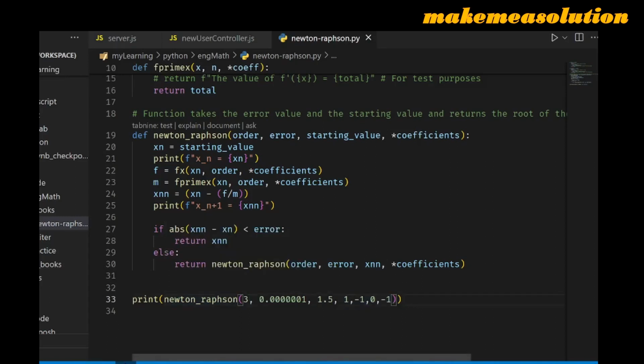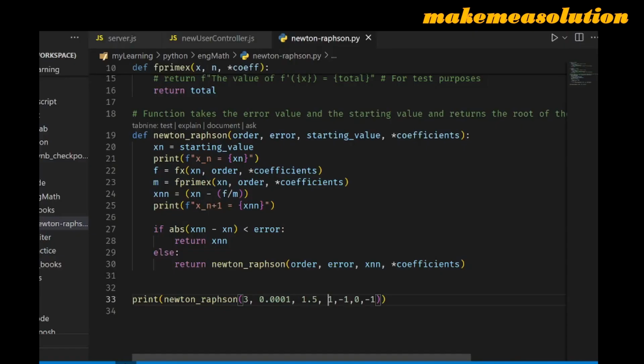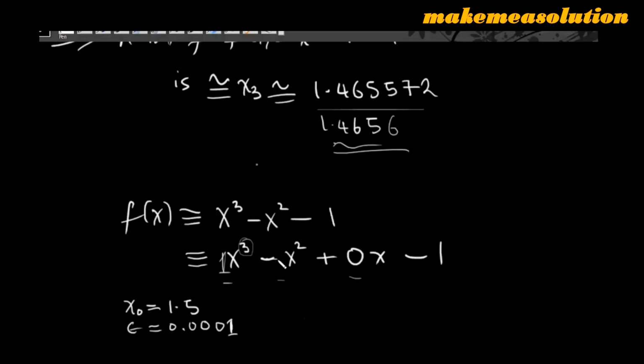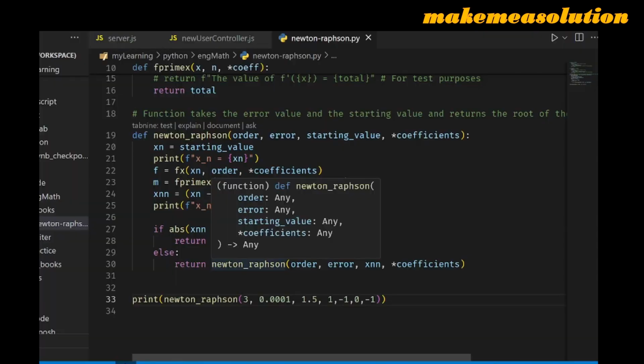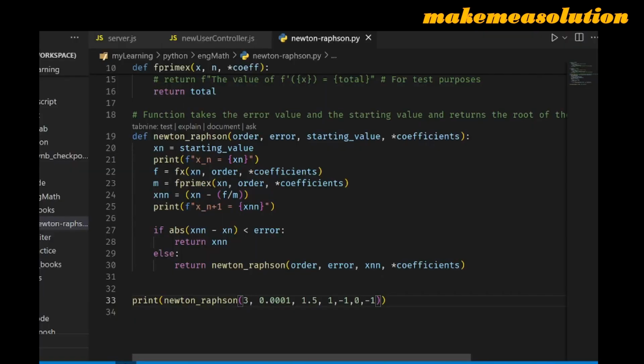So the polynomial is of degree 3. The epsilon value is 0.0001. The start value is 1.5. Then the first coefficient is 1. Okay, that's the coefficient of x cubed. Then this minus 1 is the coefficient of minus what? So of x squared, sorry. So the coefficient of x is 0, then the constant term is minus 1, like this.